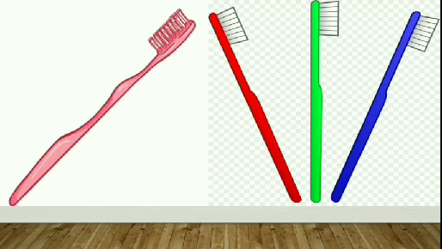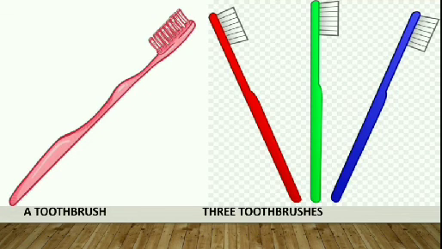Next, these are pictures of a toothbrush. Here is one toothbrush, and here is more than one toothbrush. For one, we say one toothbrush. But for this, we say three toothbrushes, because we can see one, two, three.